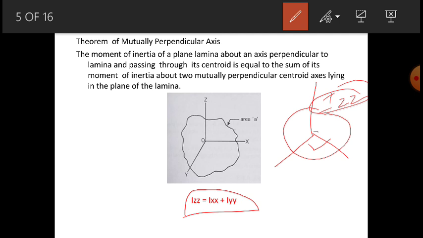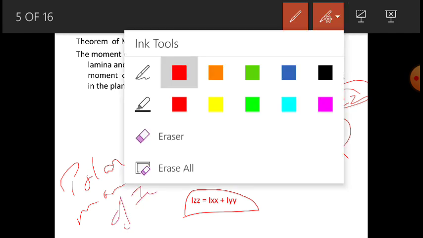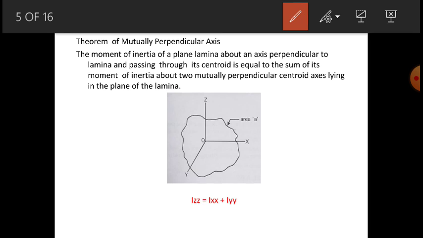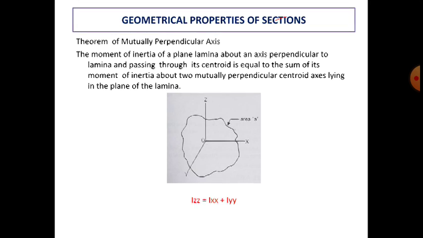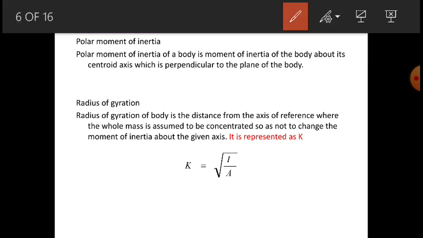This Izz is called the polar moment of inertia.